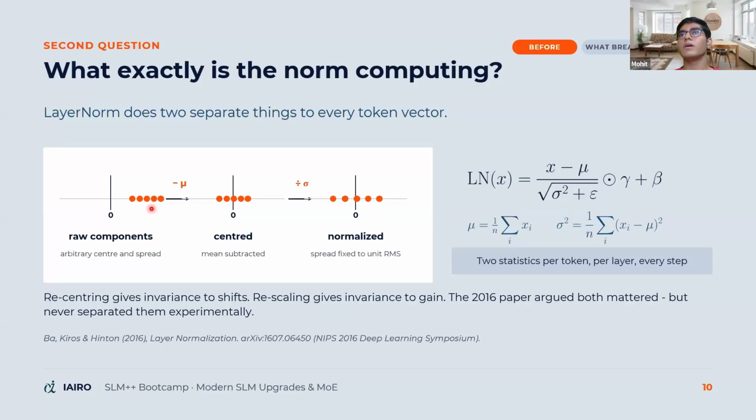Let me give you an example. If I am saying 10 apples, 11 bananas, 4 grams of chocolate, and 5 grams of sugar, right? Each and every value has different units.